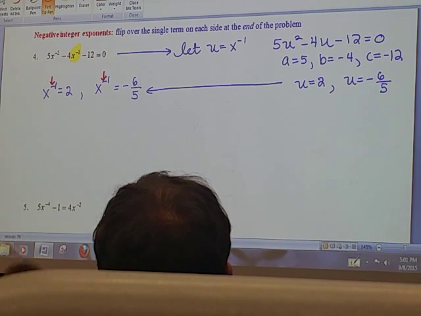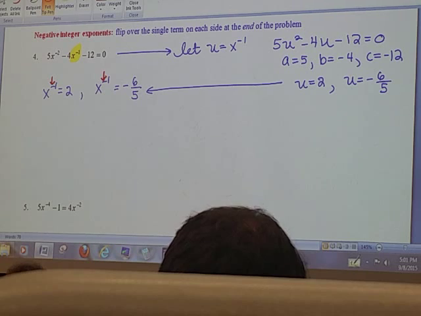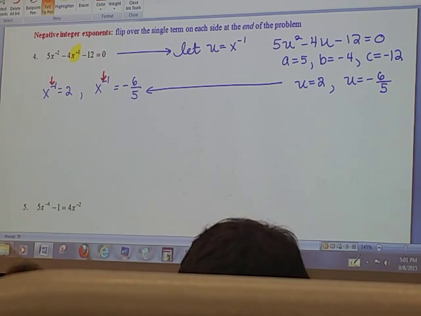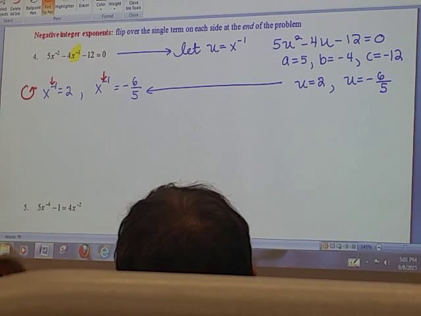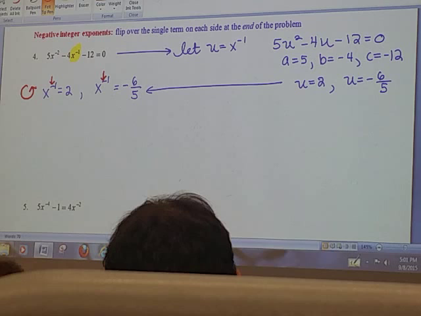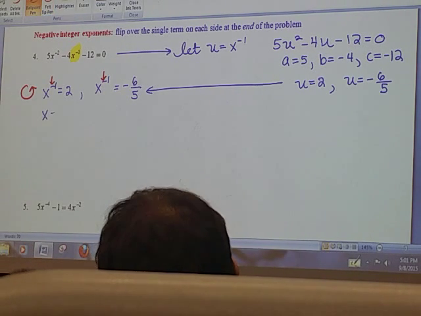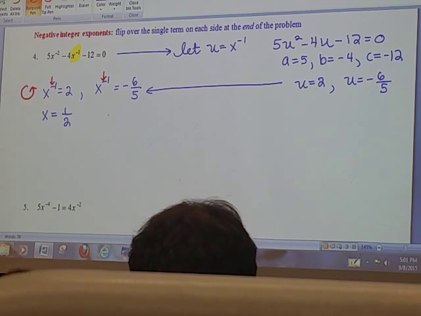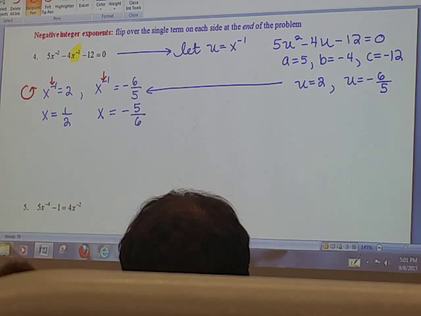You know, if it were x to the first, I'm done, because that's x. It's the negative exponent. So here's the trick to get rid of a negative exponent. You just flip over both sides. X to the minus 1 is 1 over x. So now it's x equals 1 over 2. And this is x equals minus 5 over 6.